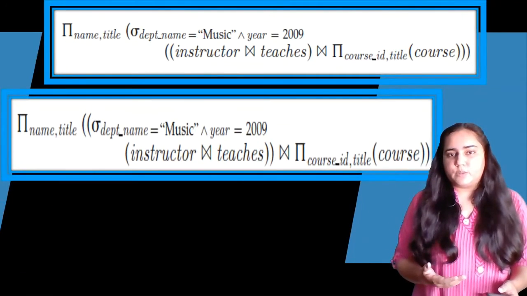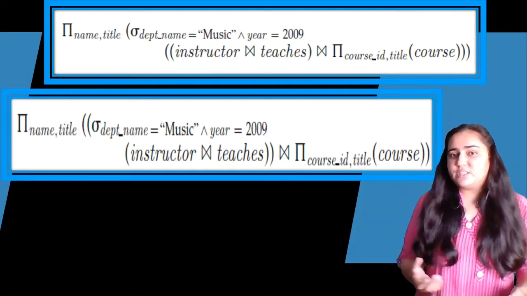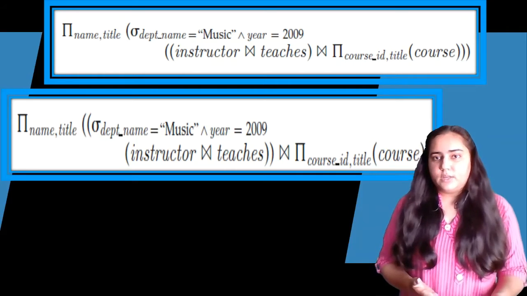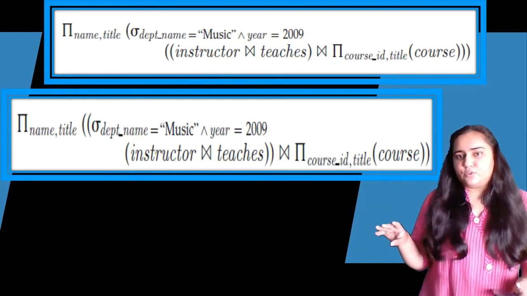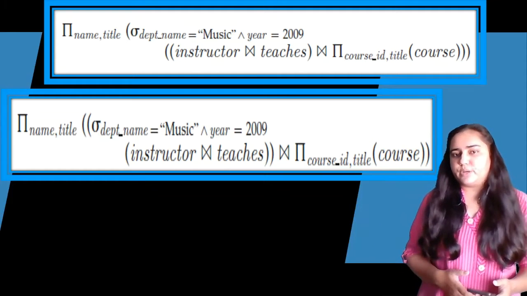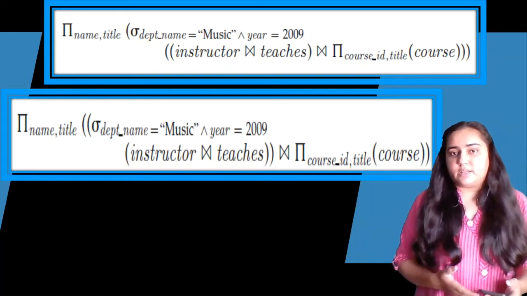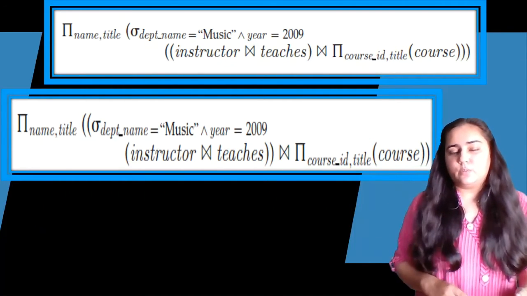So next, you can see right here, I've reduced some more brackets. In the upper query, there were 3 brackets after course. Now there are only 2 brackets after course. So what exactly is it that I have done? It's very simple. You can see here what is happening.